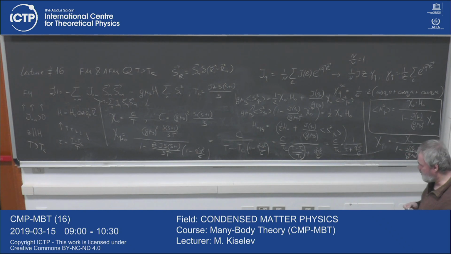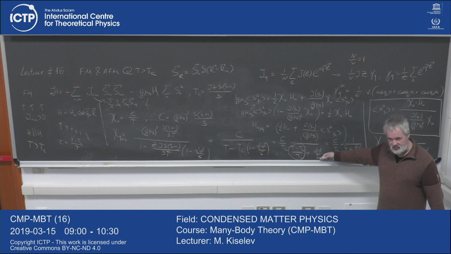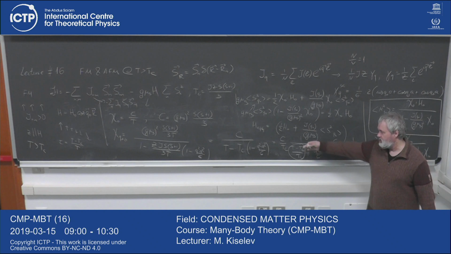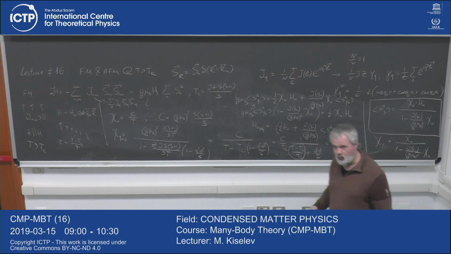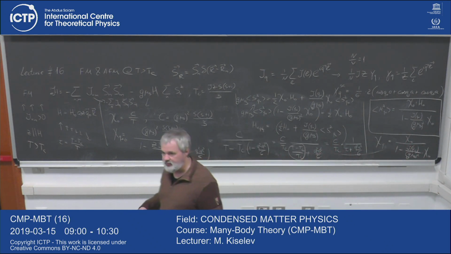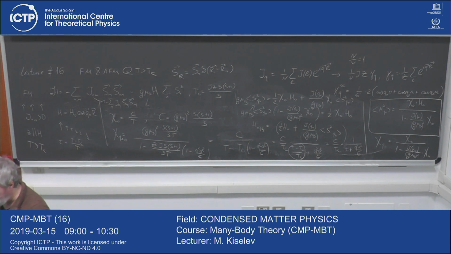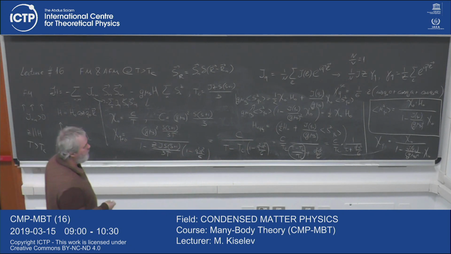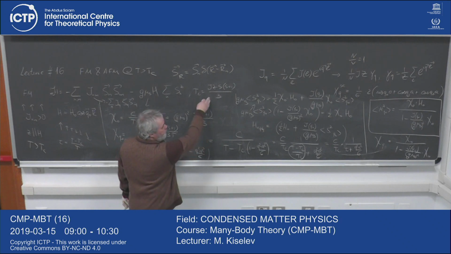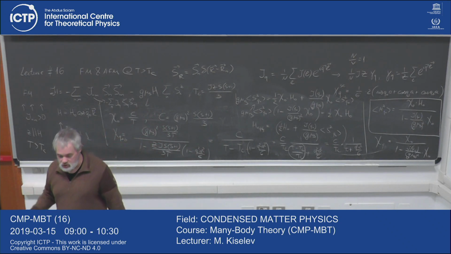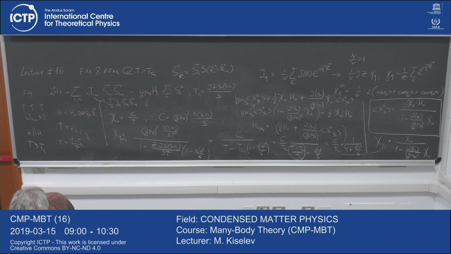Indeed, the uniform susceptibility, the susceptibility at q equal to 0, satisfies the Curie-Weiss law, which we obtained phenomenologically assuming molecular field theory. Now we made a correspondence between the phenomenological constant describing critical temperature and parameters of the microscopic theory. Right?